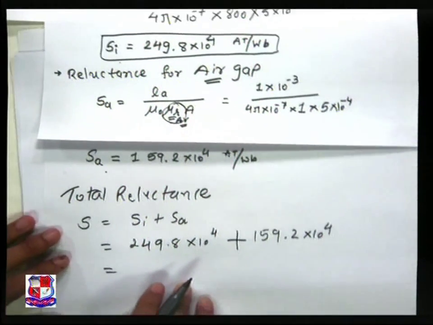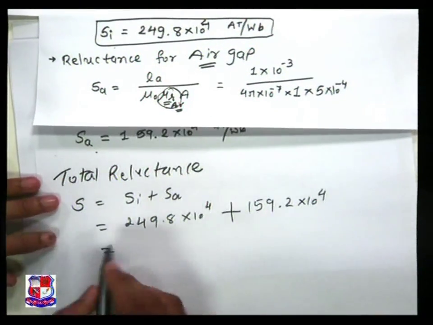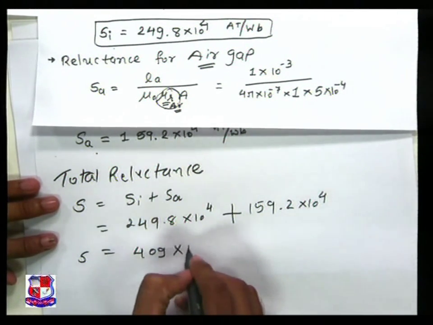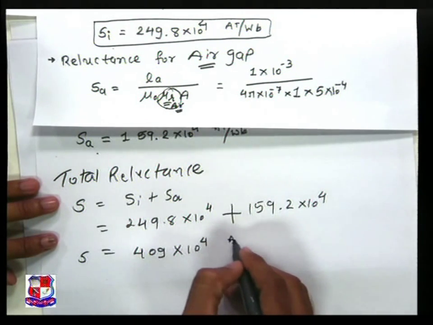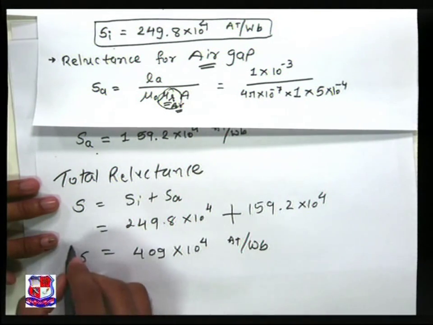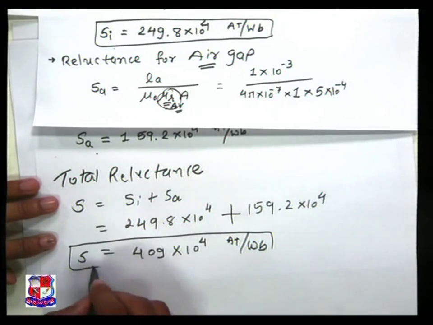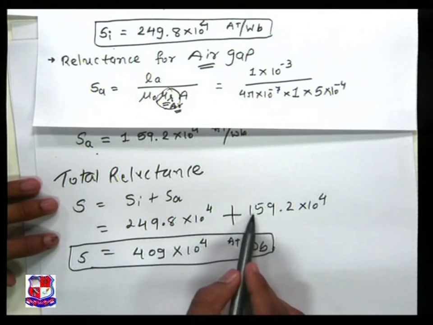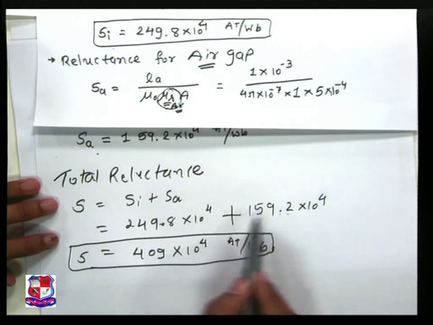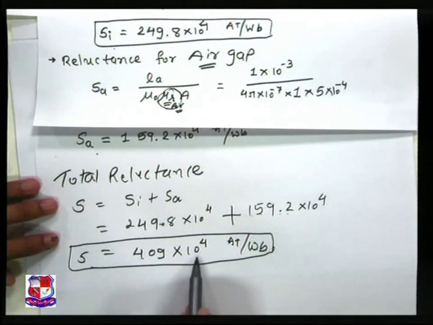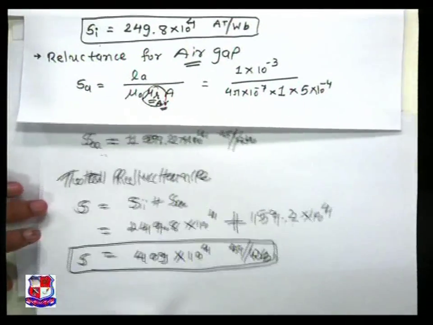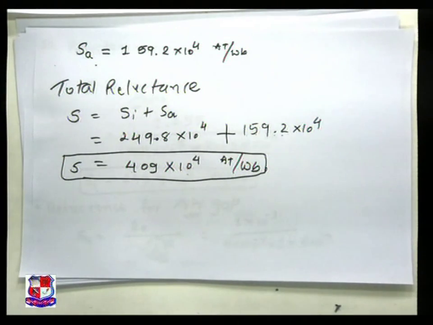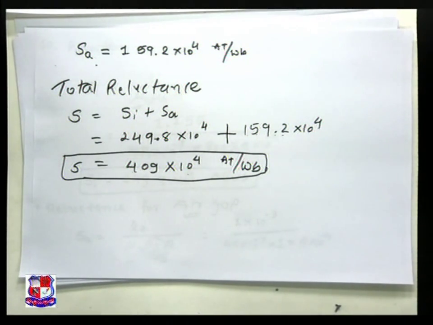Taking 10 raised to 4 as common, we get total reluctance is 409 into 10 raised to 4 ampere turn per Weber. It's a simple addition: 249.8 plus 159.2. It is the total reluctance. So now I have to find out the current passing through the coil.